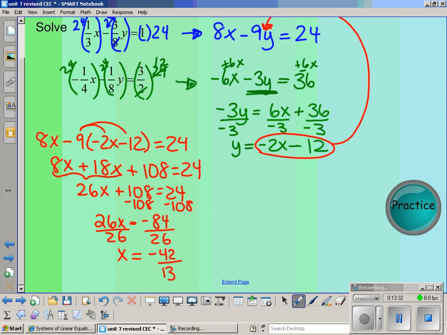Now what we are going to do is substitute this back into one of the equations. Now it technically doesn't matter which equation or which form of the equation you use. We generally go back to one of the originals because in an original equation, you wouldn't have made a mistake. Sometimes when you manipulate an equation, you may have made a mistake.